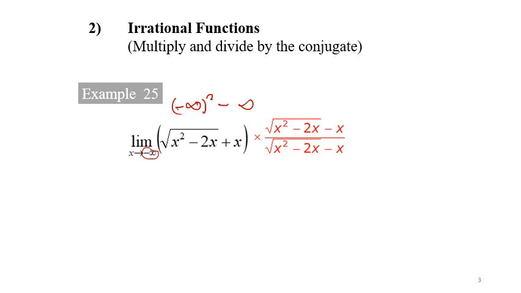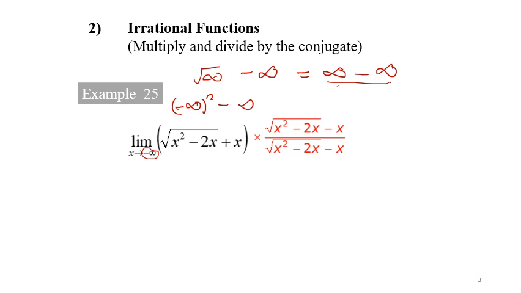So infinity squared, we got infinity inside here, and then outside here plus negative infinity. So outside here also infinity. So at the end it is infinity minus infinity also. So this is also indeterminate form.